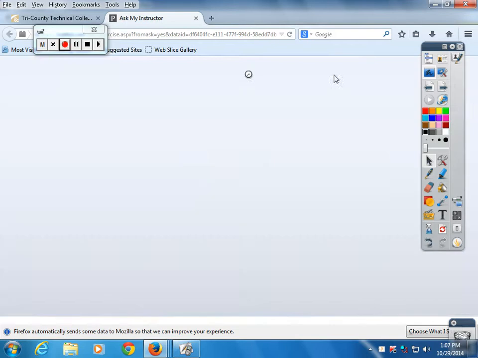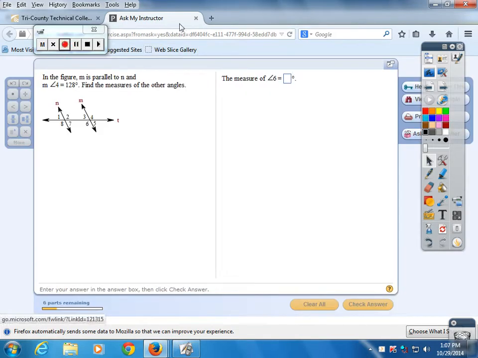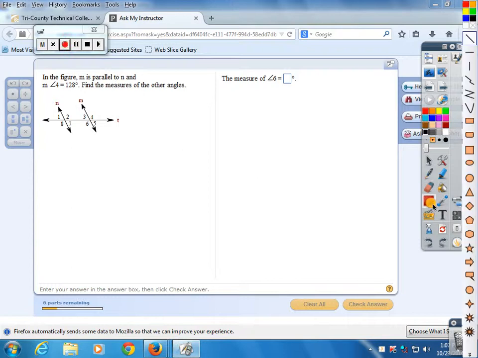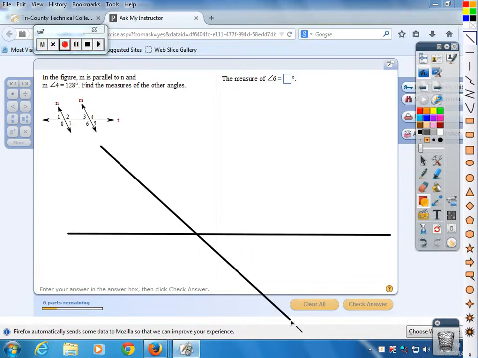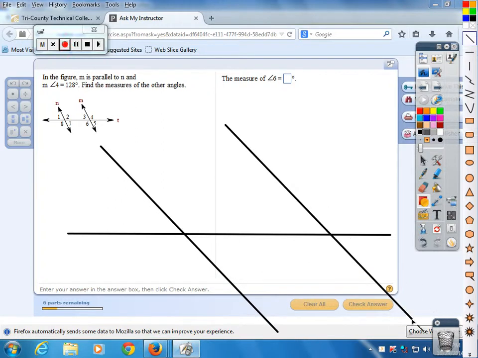This is 9.1, number 37. Now this one I told you is like a puzzle. And you can't blow it up, so I'm going to blow it up a little bit bigger so you can see it. So we got a line going this way, a line going this way, and a line going this way that is parallel to this line.